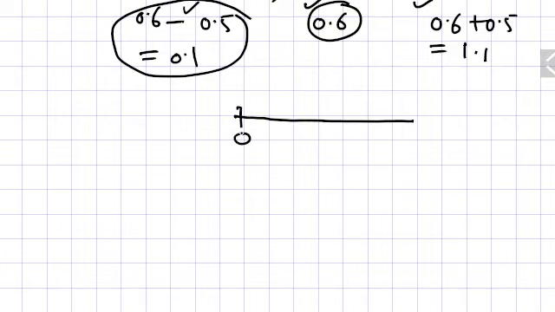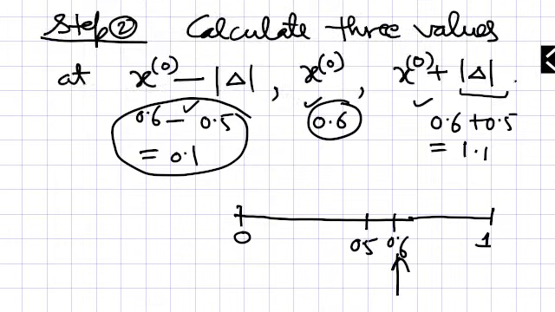we are calculating the value of the function this way. Suppose this is 0, 5, this is 1, this is 0.5, this is 0.6. So one value of x is this, that is 0.1, and one value you will find here, and one value 1.1.